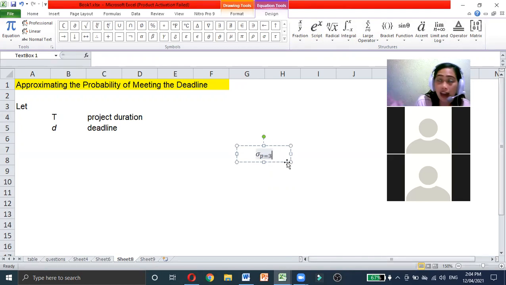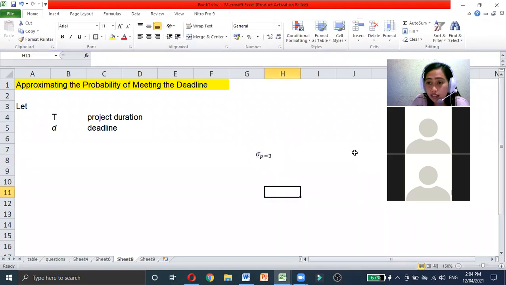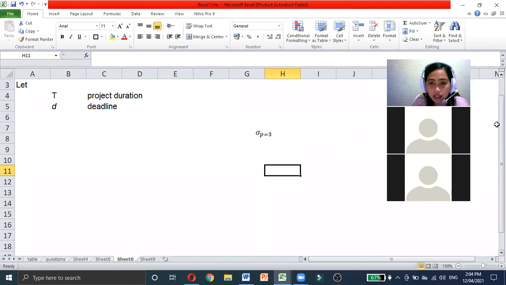For the half of the bell shape, the standard deviation is 3, in which the deadline D exceeds, like in the z-test.